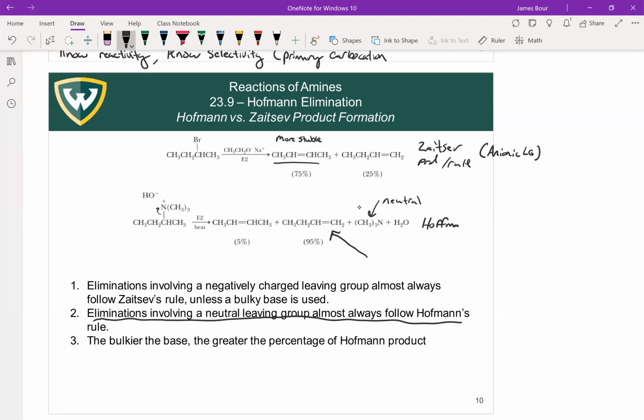So this is a Hofmann product, or Hofmann rule. And the bulkier the base, the greater percentage of the Hofmann product. So if we have some hydroxide base, we'll get a good selectivity for the primary. But if we had something like tert-butoxide, much bulkier than hydroxide, we get more Hofmann.